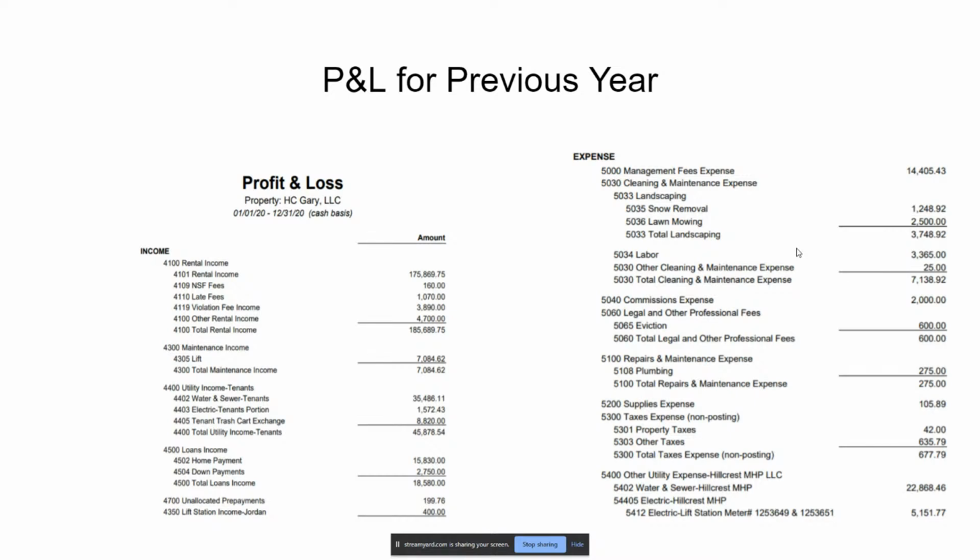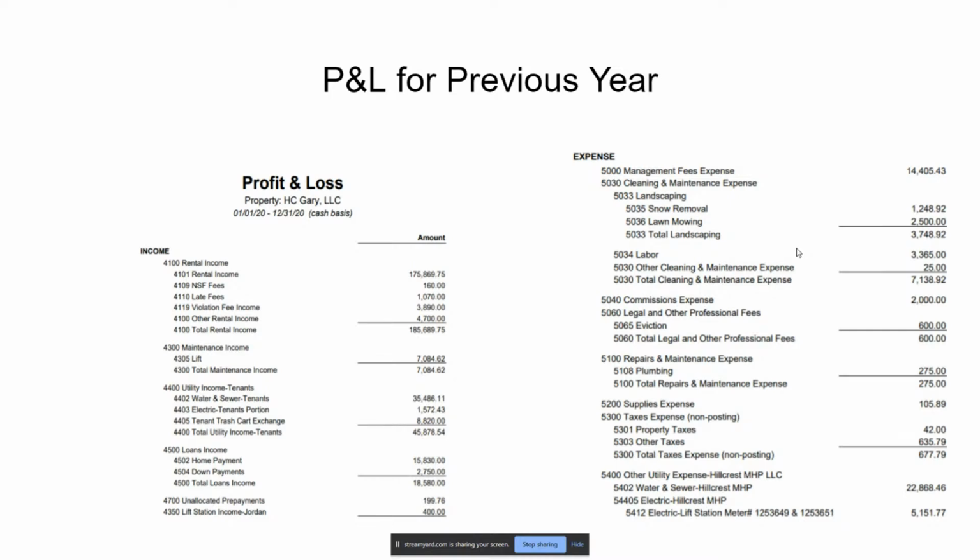Okay, so then you have utility income. When you see utility income, that's probably because there's a master meter, meaning there's one meter for water or sewer or both, and the landlord ultimately pays it, but the tenants are billed back either via sub meters, via flat fee, or what's called a RUBS, ratio utility bill back system.